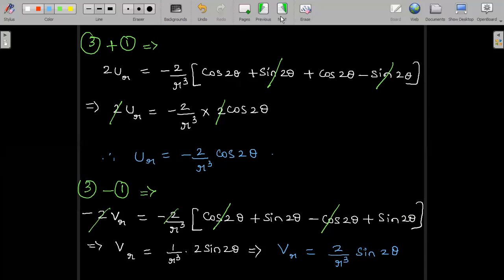And what was the purpose of finding Ur and Vr? Now we can use the expression for f dash of z. So consider the expression for f dash of z in the polar form. f dash of z is given by e power minus i theta into Ur plus i into Vr. Let us substitute both the partial derivatives Ur and Vr.